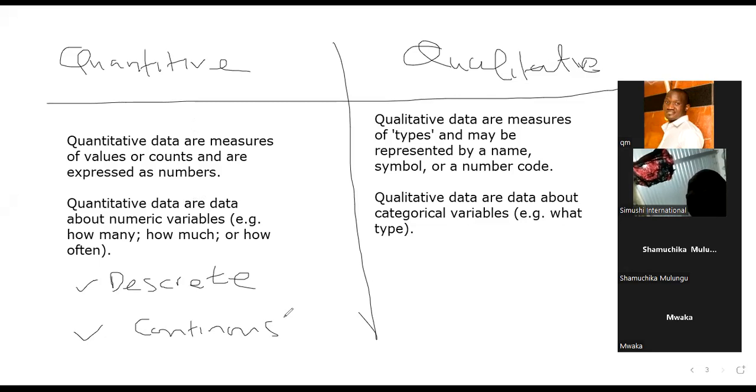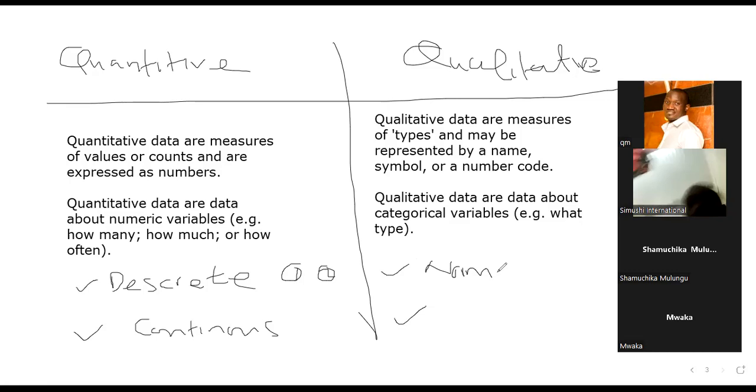For continuous, you have numbers in between these countable numbers. So between 0 and 1, we have 1.1, 1.2, 1.3. This is continuous, for instance, weight, time, etc. Then under qualitative we're going to look at nominal and ordinal.